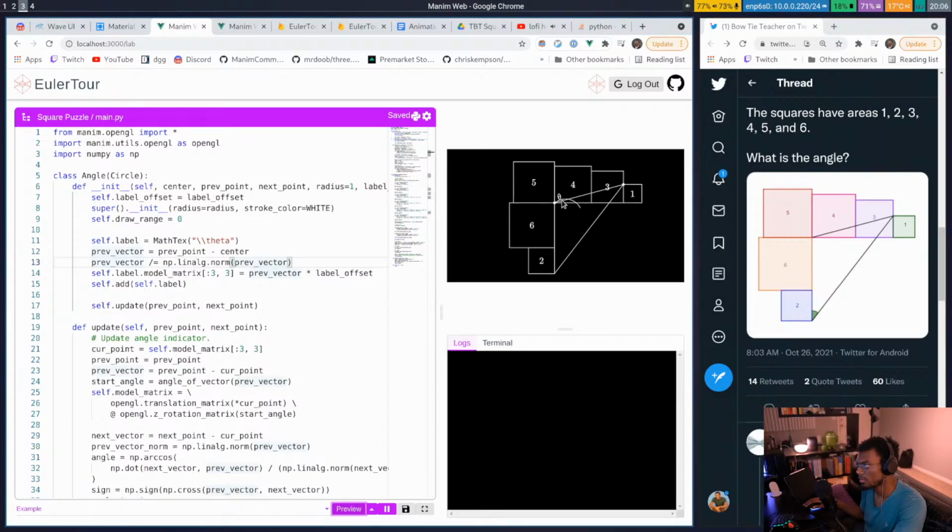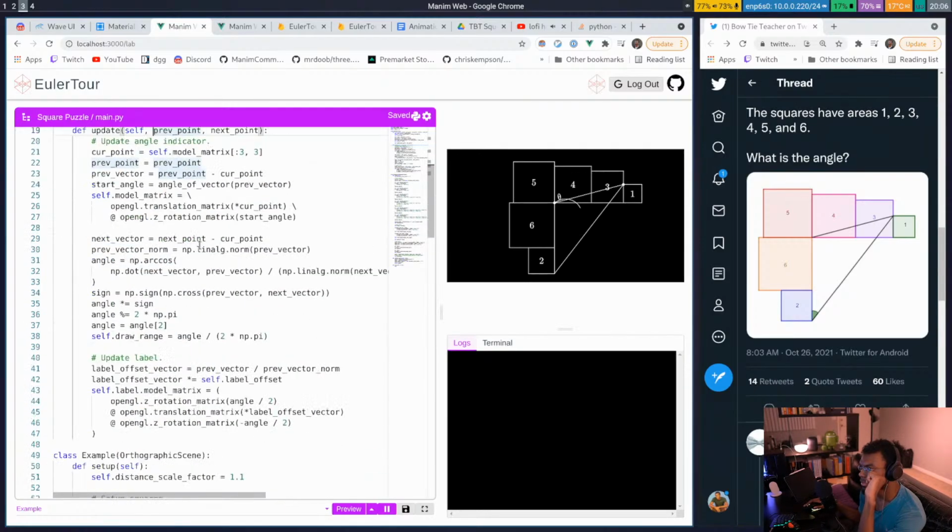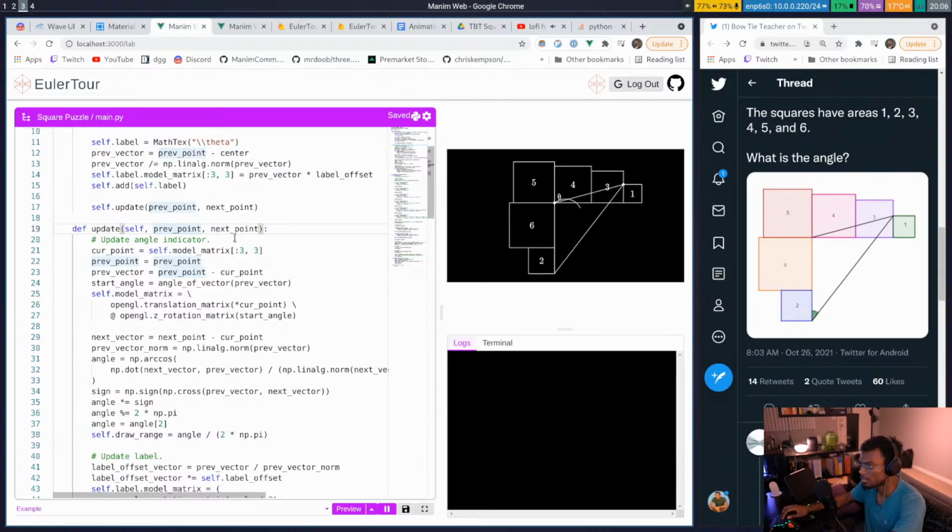It still doesn't totally make sense why the theta would be over here, though. Hopefully I can figure that out. Then it takes this cur point. I'll just pass in a center. And this will be center.